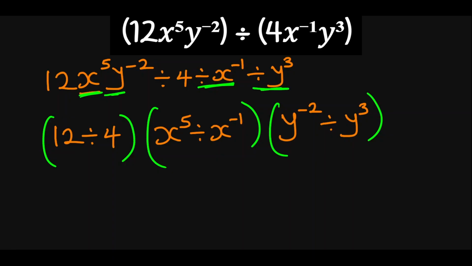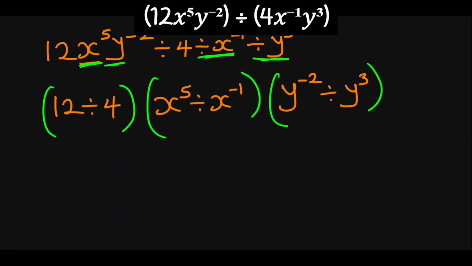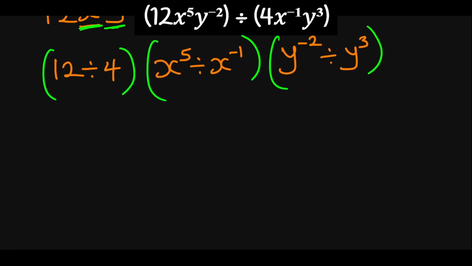Alright, so to simplify further now and apply the laws where we can, 12 divided by 4, we know it is 3. X raised to the power of 5 divided by x raised to the power of minus 1, based on the law of division with the same base, they have the same base and they are dividing themselves. It gives us x raised to power 5 minus 1, and then y raised to power minus 2 minus 3. The division sign makes it minus, the 3 is there and the minus 2 is there.